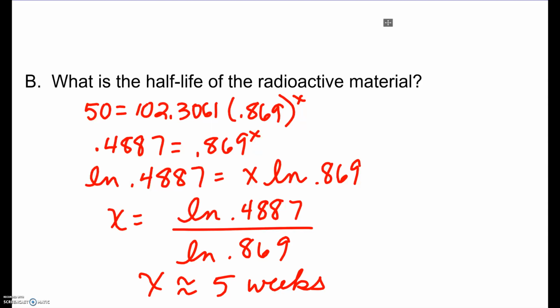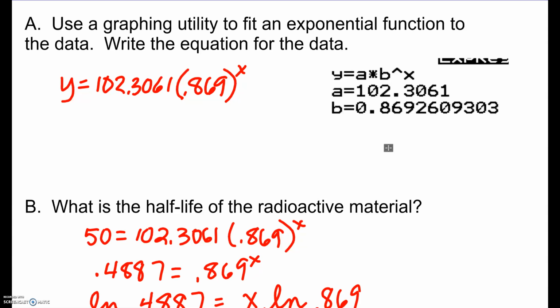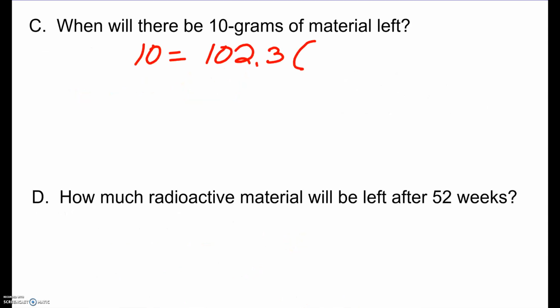Our times were given in weeks originally. Next question: when will there be 10 grams left? So there you just put in 10 on the left-hand side. 10 equals 102.3061 times 0.869 to the x. Divide both sides by that 102.3061 again.